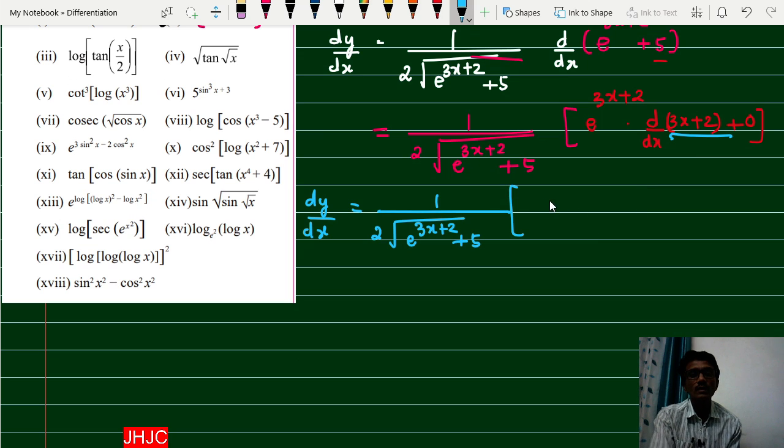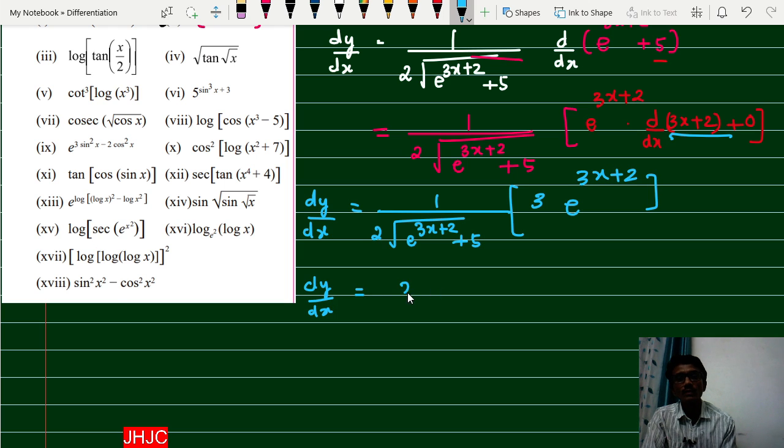So it is 3 into e raised to power 3x plus 2, so that dy by dx is equal to 3 e raised to power 3x plus 2, it is a simple question, upon 2 times root of e raised to power 3x plus 2 plus 5.